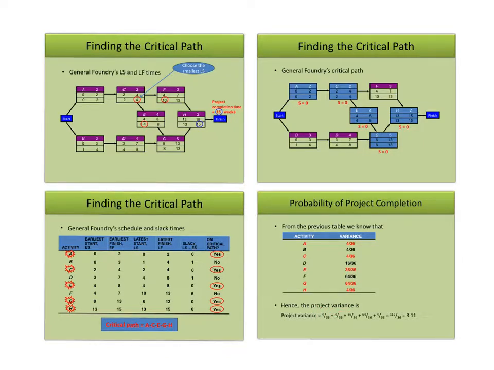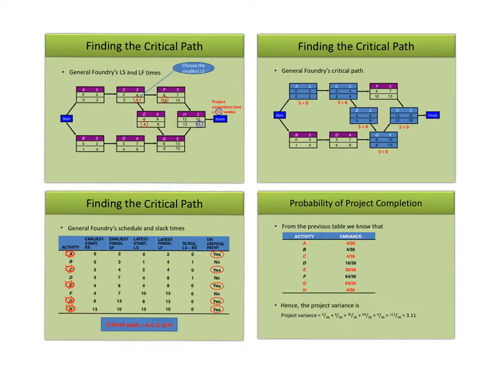Now we have A, B, C, D, E, F, G, H, and we have the variance for each activity. The only activities that we're concerned with are the critical activities. So you can see that the variance for A is 4 on 36, variance for C is 4 on 36, variance for E is 36 on 36, variance for G is 64 on 36, and variance for H is 64 on 36.